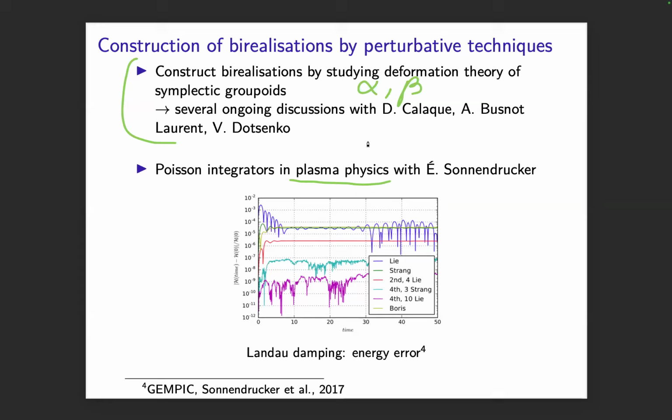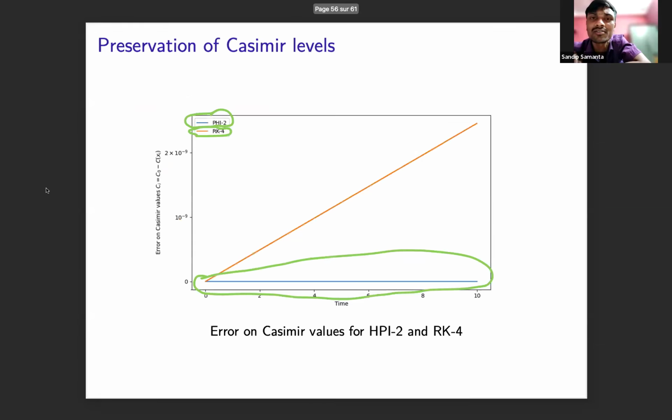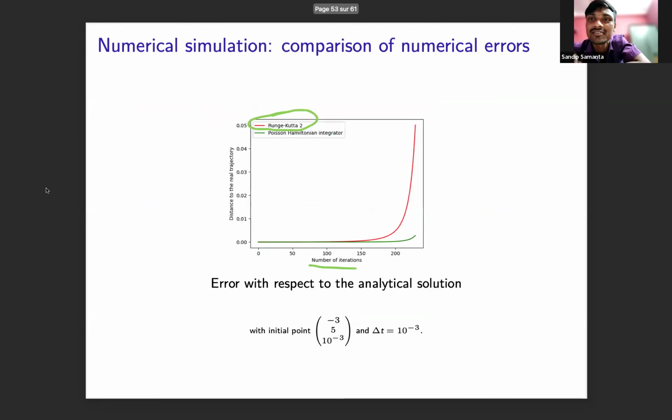No, I don't have any. I just have a naive question, more of a query. How do you compare the Hamiltonian Poisson integrators and the Runge-Kutta method of order 2? What about the order 4? Yeah, here.